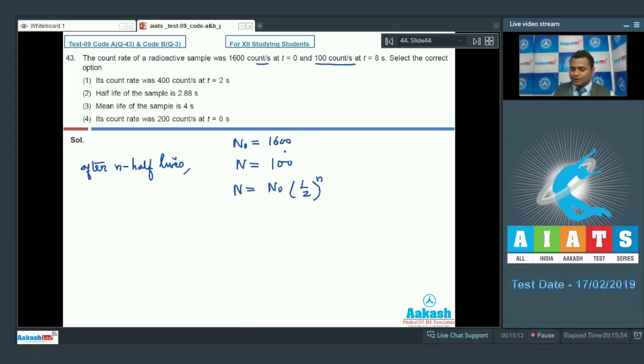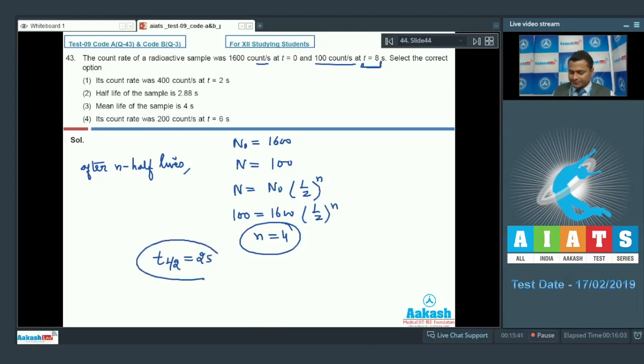After putting the values of N and N0, we will get n equals 4. It means we can say that during the period of 8 seconds, 4 half lives have passed. It means for one half life, 2 seconds time must be there. So we got the value of half life, T half equals 2 seconds.